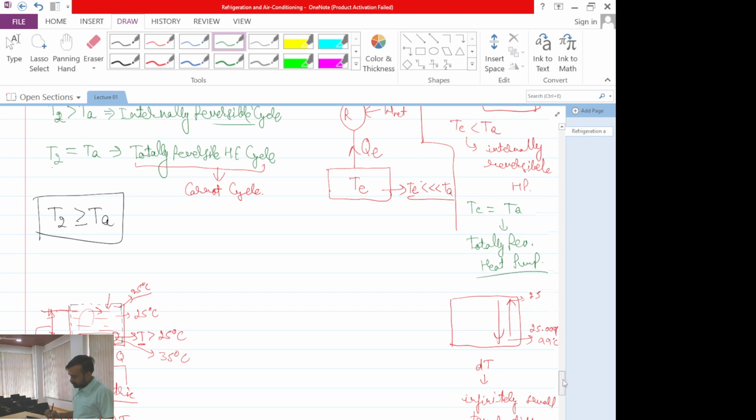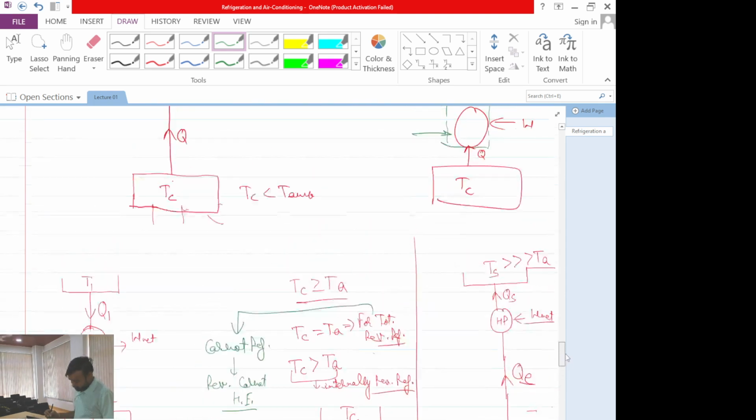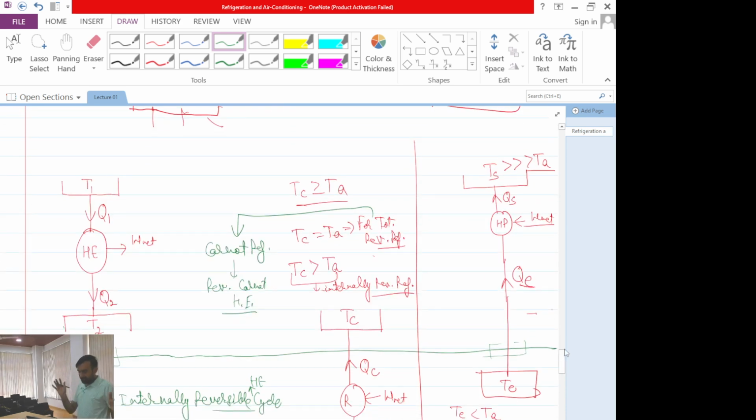Now we have talked about three different systems which typically are of similar nature, but the task which we want to obtain from them is different. First is the heat engine. It is also operating in between the two temperature limits, but from this our aim is conversion of heat into a useful amount of work.